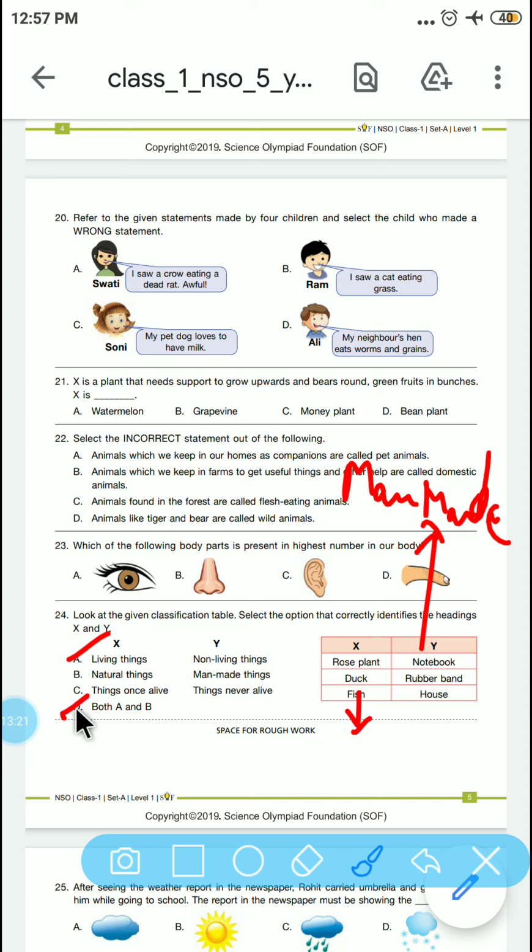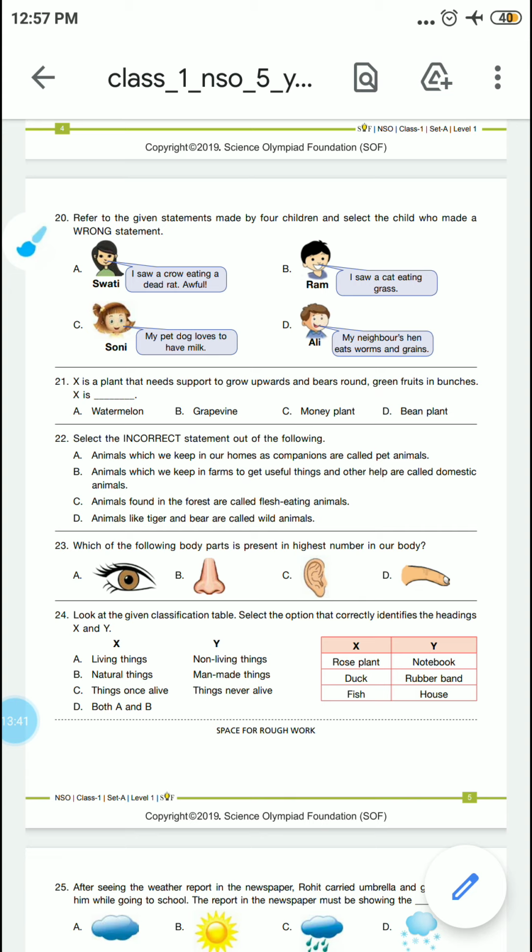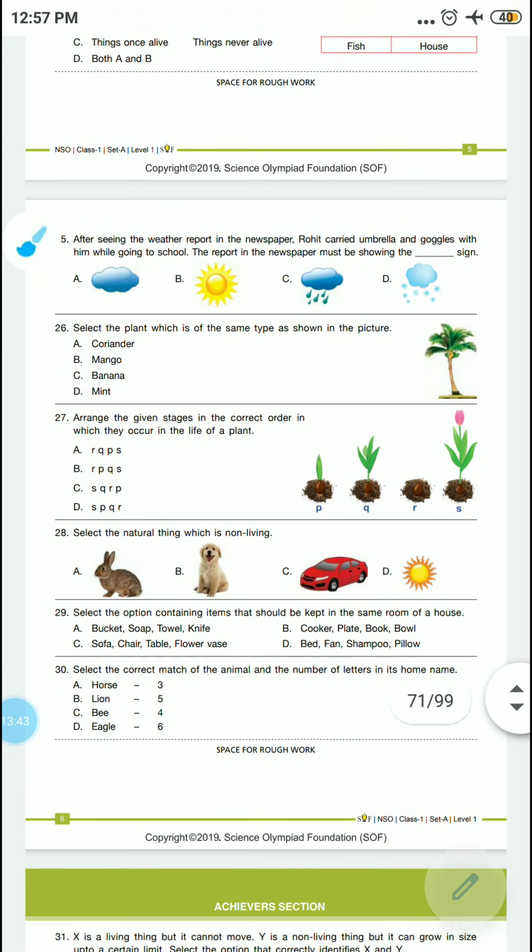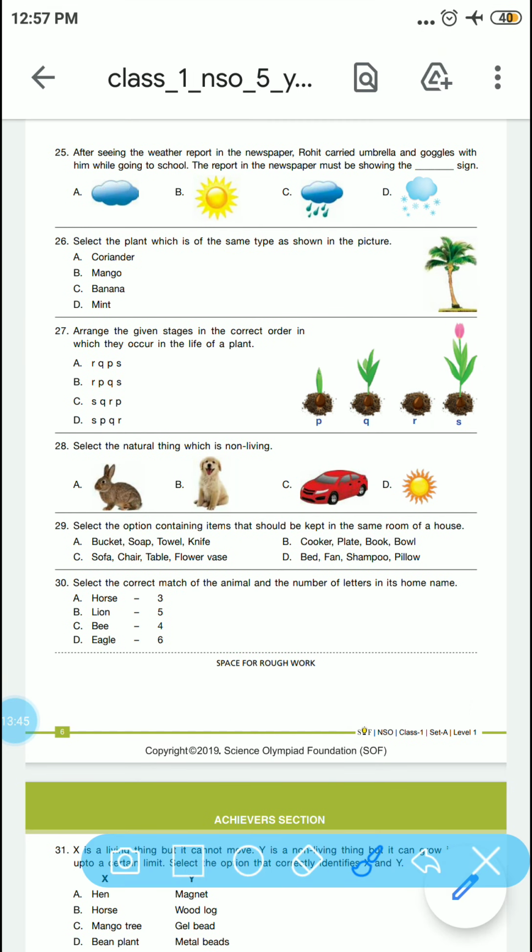So we will go with option D. Option D, friends, is the right one here, because they are living as well as natural, and in the other case, in the case of Y, they are non-living things and non man-made also.